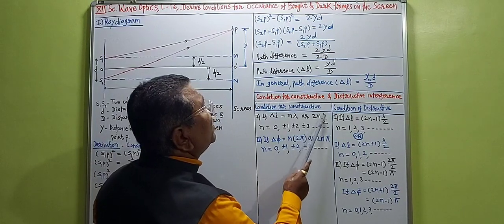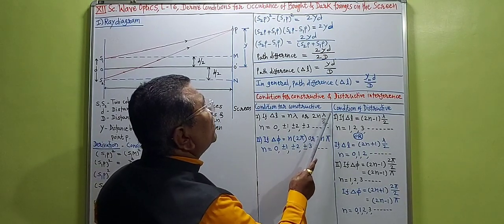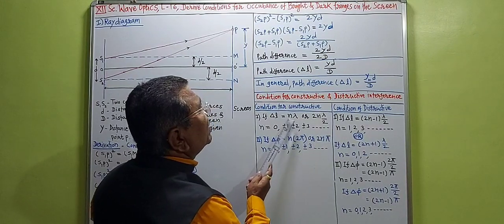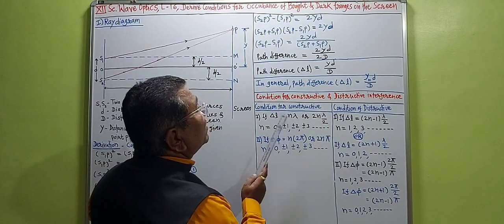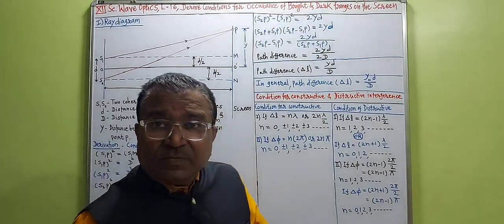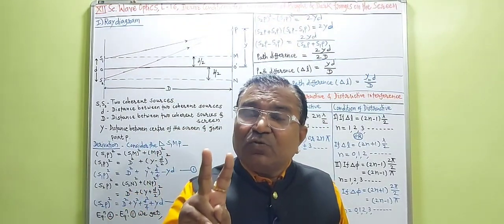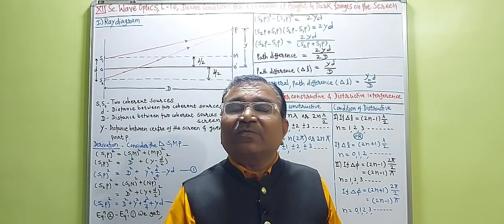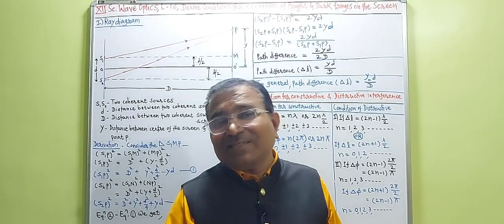That means we get an even multiple when the wavelength is half, or an integral multiple when it is wavelength. So remember well, these two statements you should be very much clear about as far as your competitive examination is concerned.